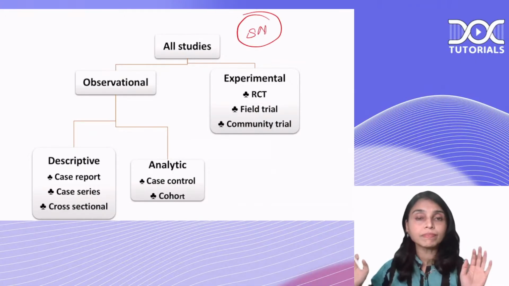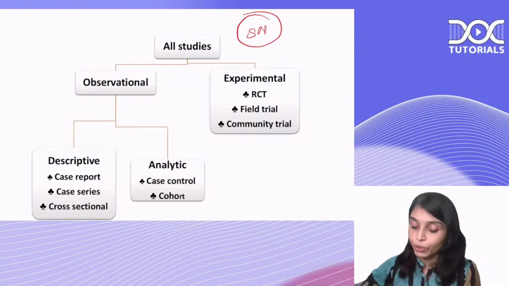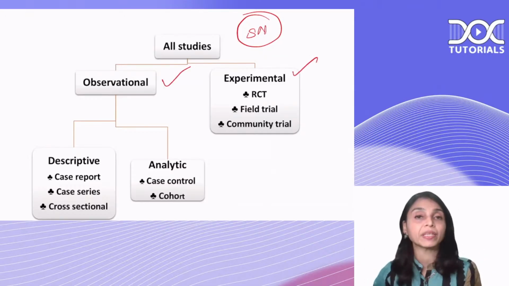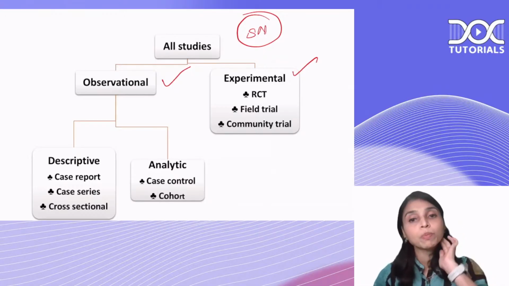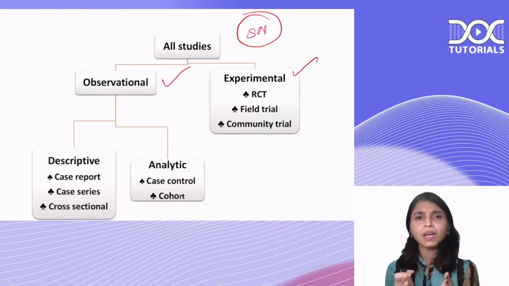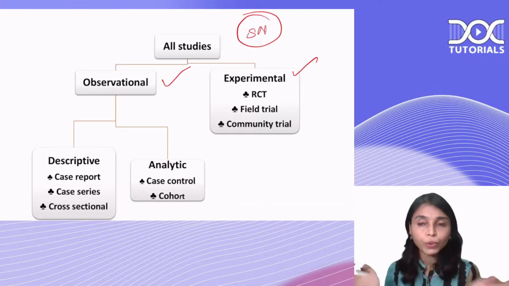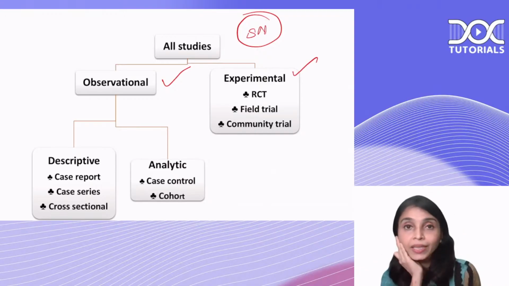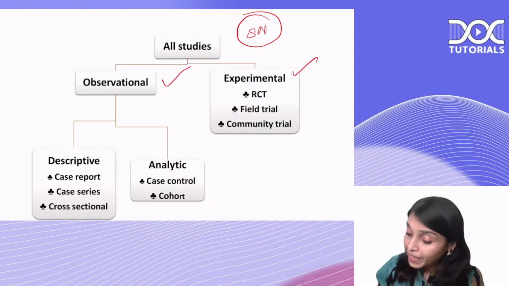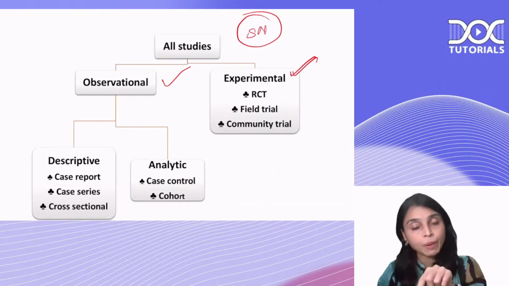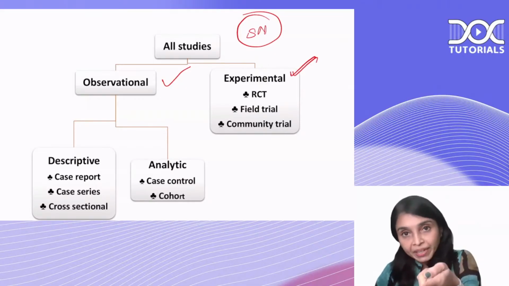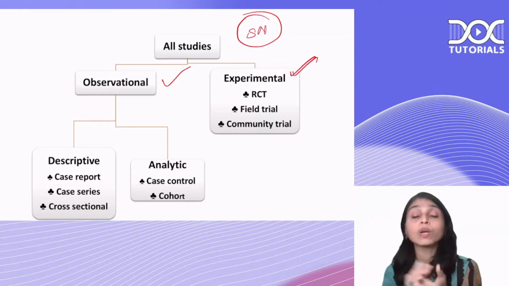The study designs are mainly divided, broadly, into observational and experimental. Observational means so many things are happening around you, and you're simply observing and doing the study. Whereas experimental means, as it is said in the name, you're experimenting. That means you're doing some intervention and you're seeing what is the outcome following that intervention.